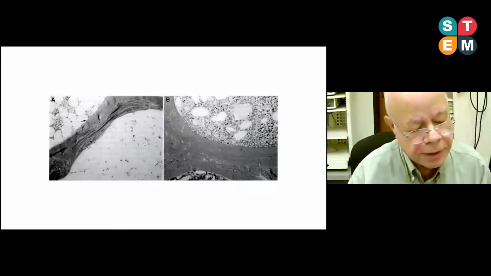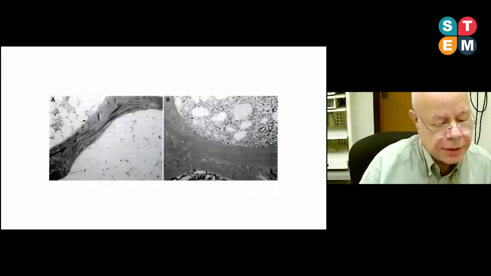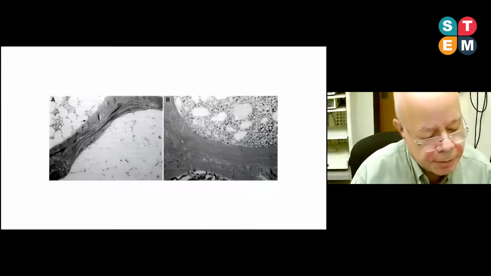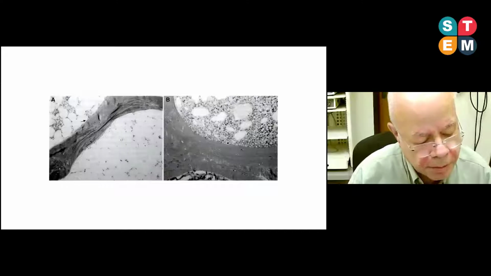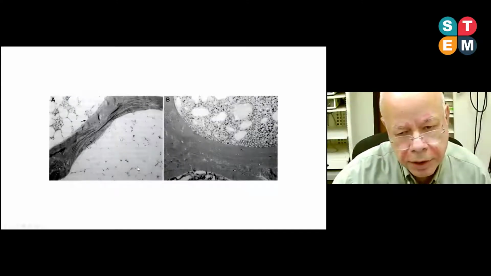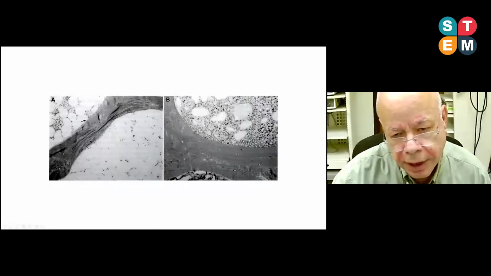These are bone-forming cells. They synthesize type 1 collagen that eventually forms a crystal with calcium and phosphate to form the bone mineral. On what you see here on panel B, in the burn-injured person, is a lack of osteoblasts at the bone surface.